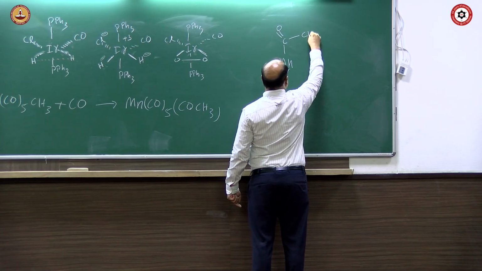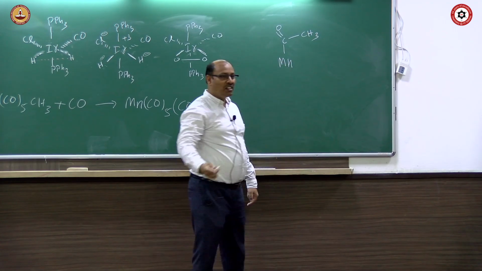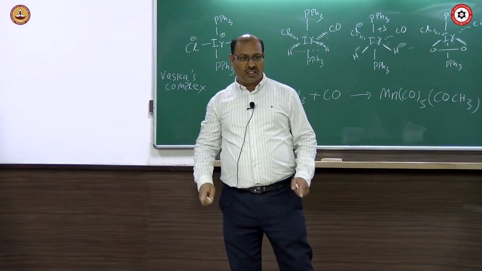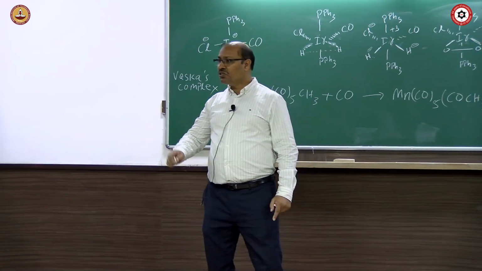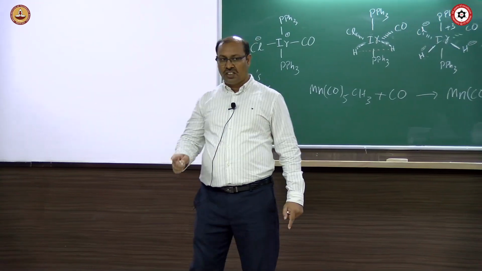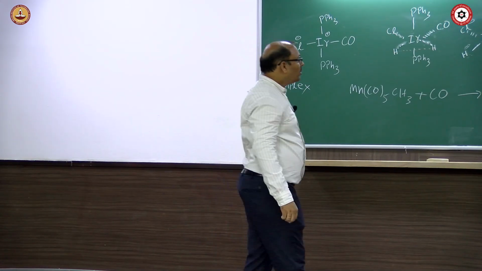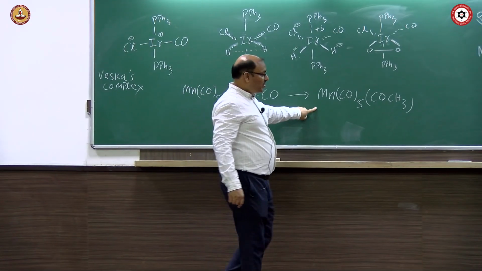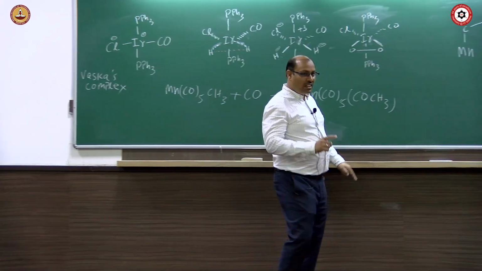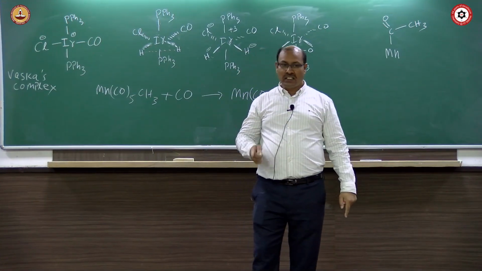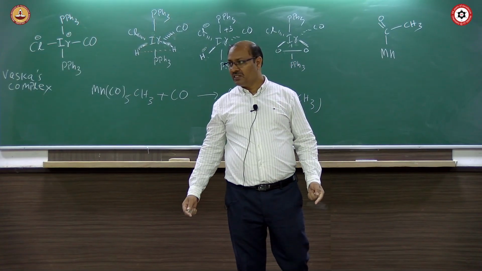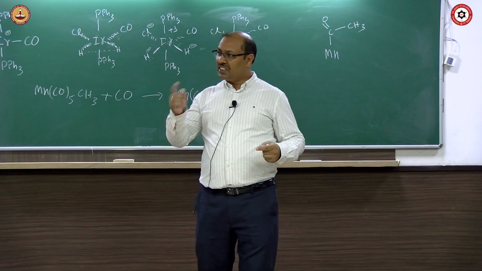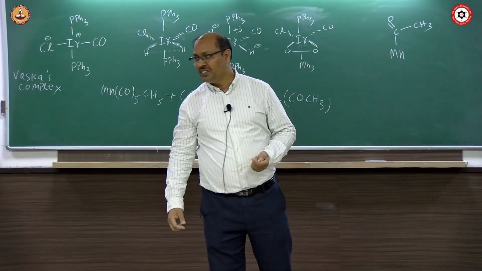Acetyl group. CH3CO is called acetyl group. CH3COCl, acetyl chloride, CH3COOH, acetic acid. So, one extra carbon monoxide becomes part of the molecule now. Like CH3 is a 1 electron donor, CH3CO is also 1 electron donor. CH3CO dot Cl dot or CH3CO dot H dot, think like that.